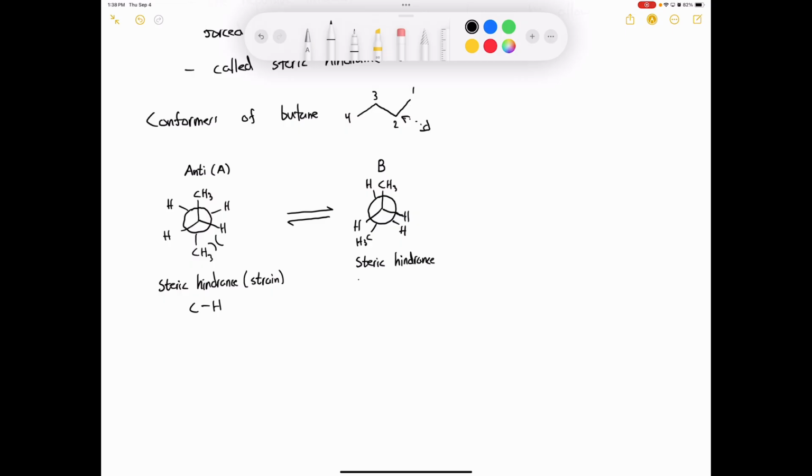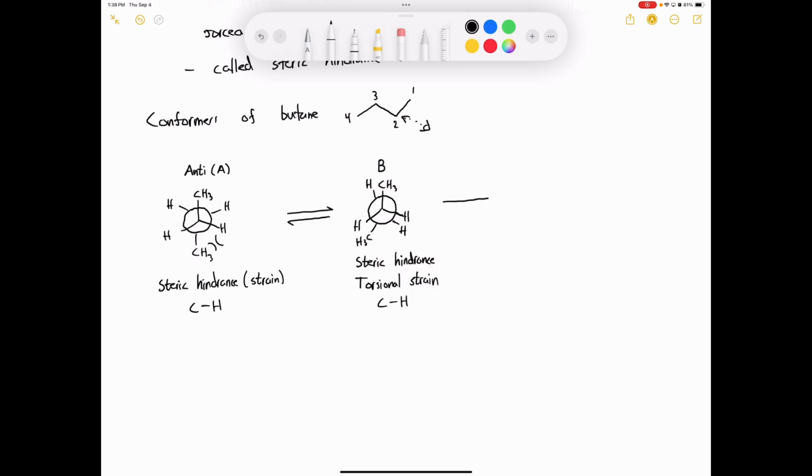We also have torsional strain, mainly from CH bonds and H bonds. You have torsional strain from CH, that's the major strain. And steric hindrance is when these two carbon atoms are closely approaching the hydrogens on the other carbon atom.